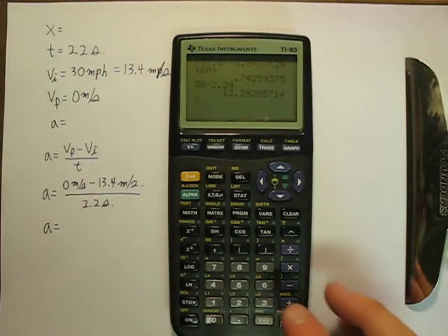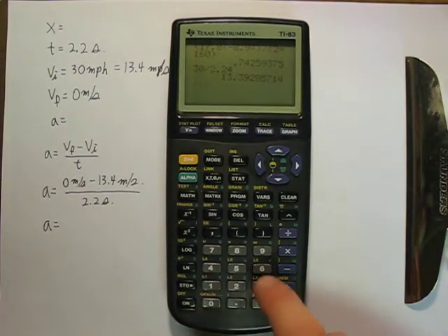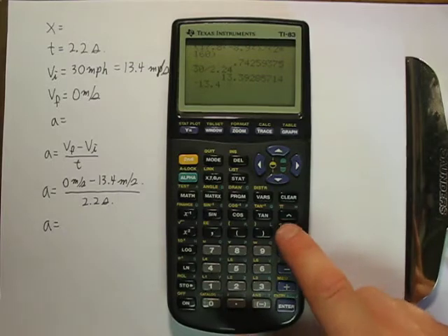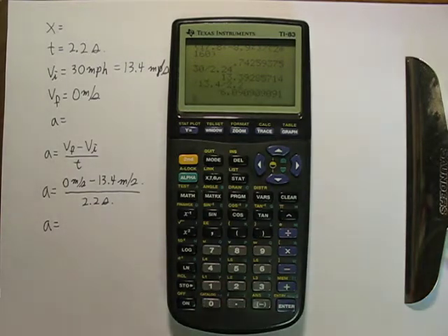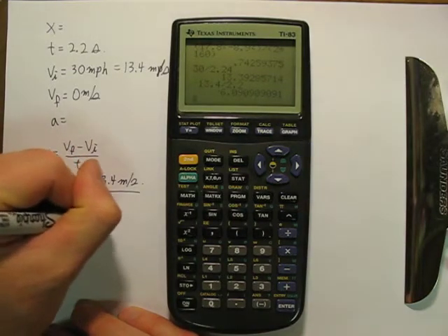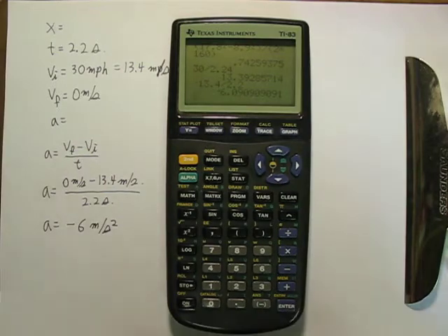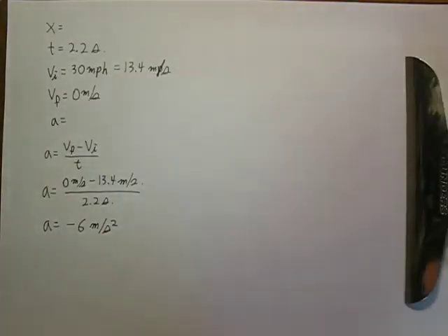I can just hit this button down here, minus 13.4 divided by 2.2. I come up with -6 meters per second squared.